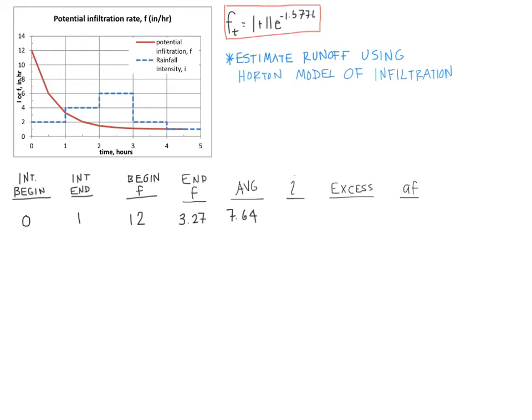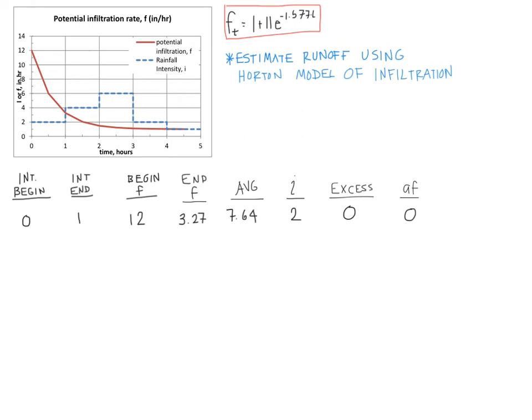My rainfall intensity was 2 inches in that hour. So that is well below what I'm estimating to be my infiltration using the Horton model. So there's no excess rainfall. All of it is infiltrated.